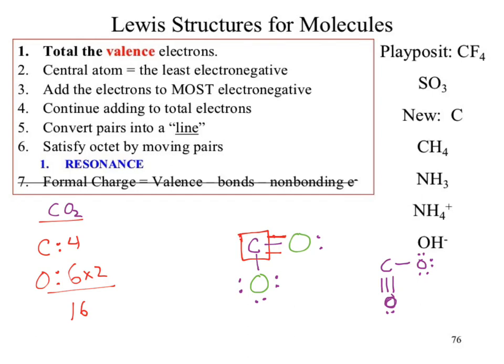Was there another way we could have done it? Okay, in black, we have yet another way we could have done it. If I asked you to draw the Lewis structure for CO2, which of these answers would I expect you to draw?